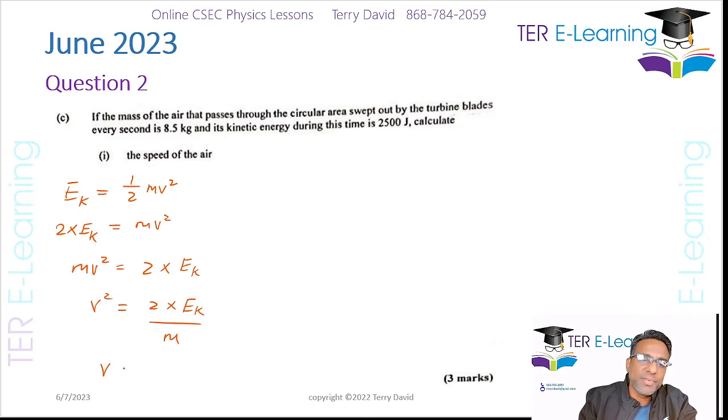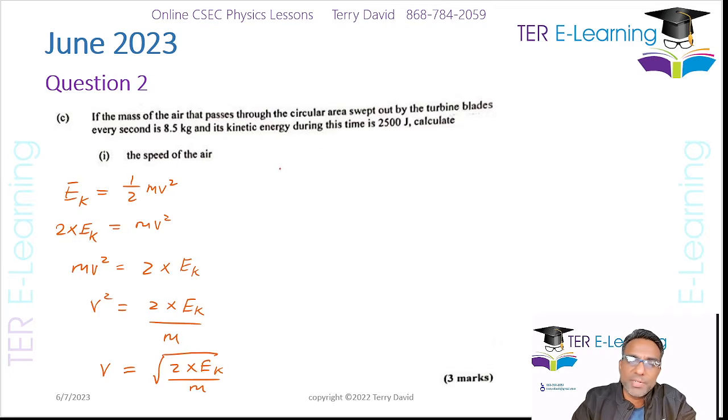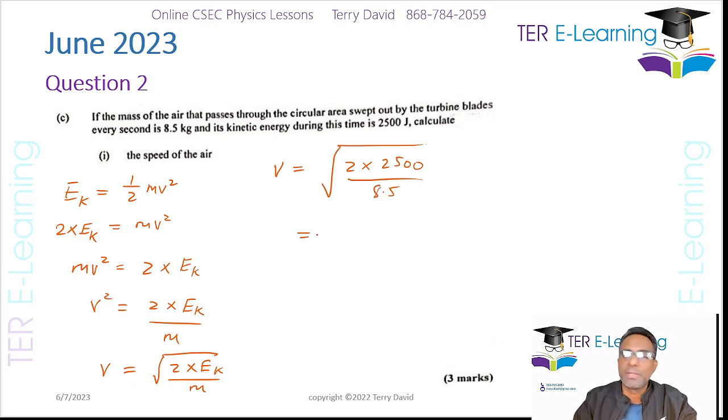Therefore, v is equal to the square root of 2 Ek over m. I'm just working out the formula first before I make my substitution. So this is going to be 2 multiplied by the kinetic energy, which is 2500, over the mass, which is 8.5. And you have to find the square root of this.